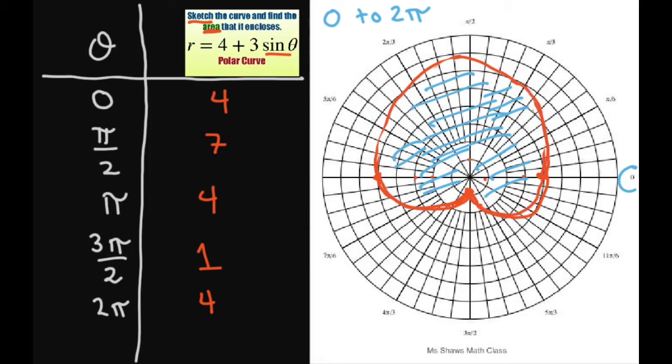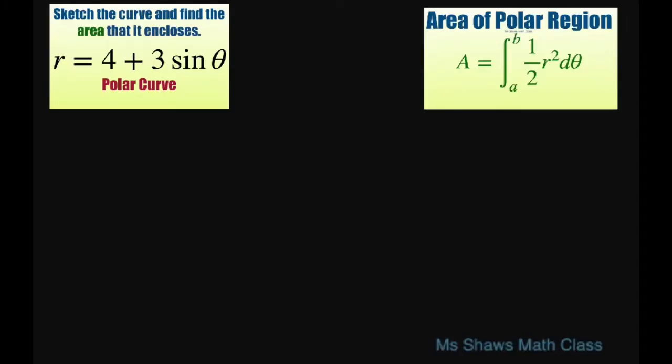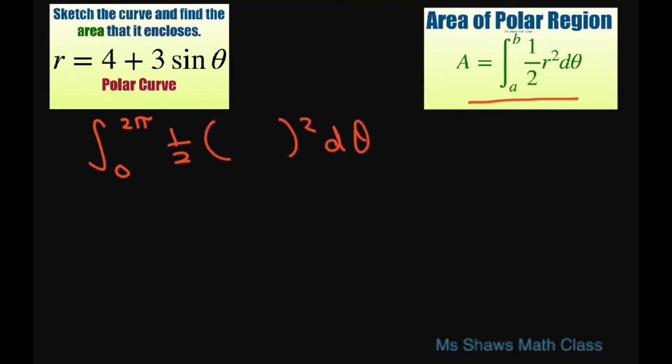All right, so let's go ahead and get the area that it encloses. So we're going to use this formula, and we know now that we're going from 0 to 2 pi. We take 1/2 of our r squared d theta using this formula, and this is 4 plus 3 sine of theta. All right, so let's go ahead and simplify this.